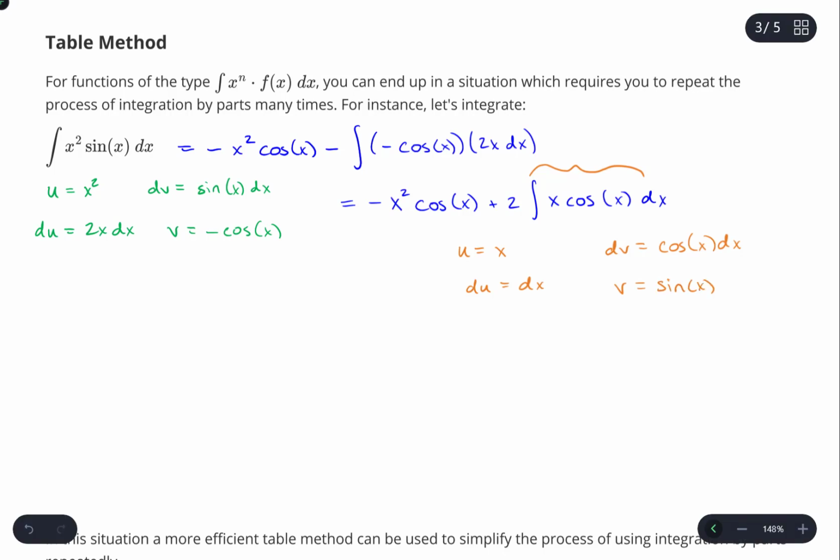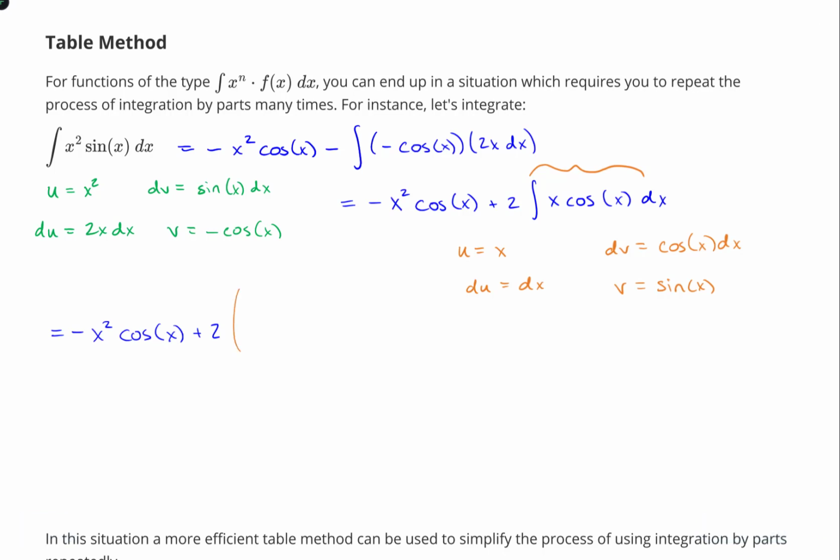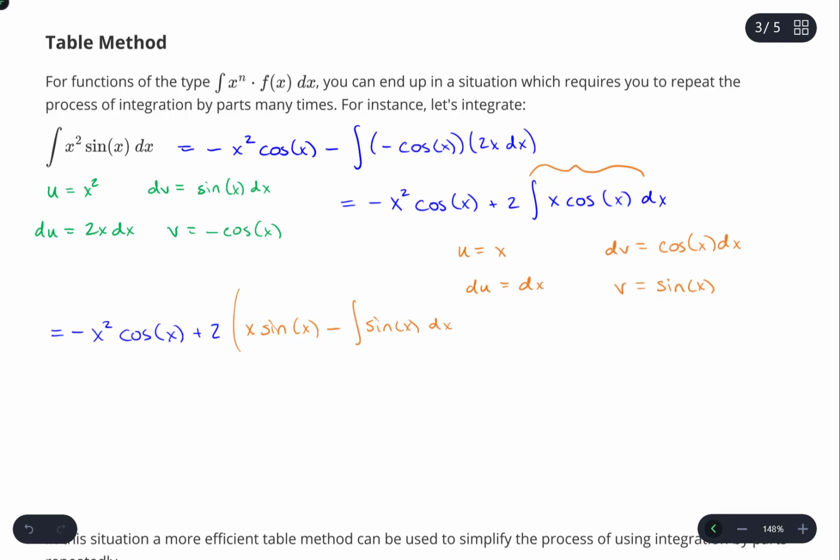And now what we end up with is negative x squared cosine of x plus 2, and then I'm going to write out the rest of this using the integration by parts formula. So that would be u times v, so x sine x minus the integral of v du, which would be the integral of sine x dx in this case.